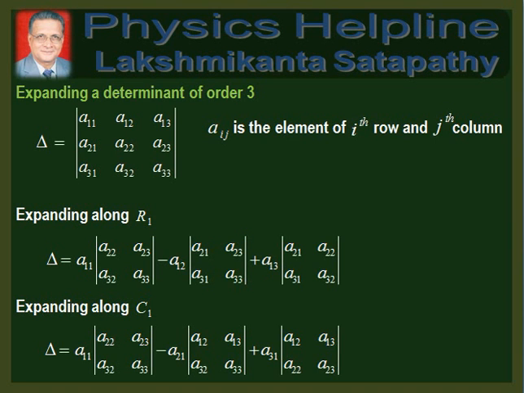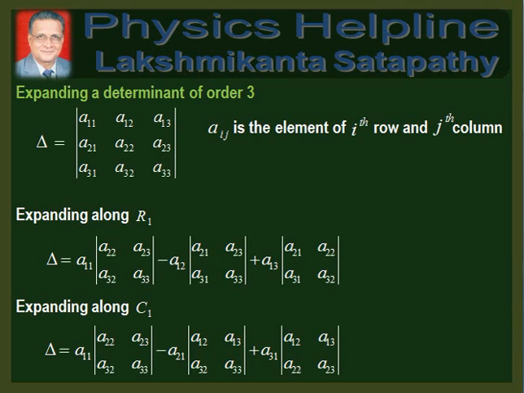For better understanding, we will use the double subscript notation for the elements of the determinant such that the first subscript is the row number and the second subscript is the column number. Hence, Aij denotes the element of the ith row and jth column.